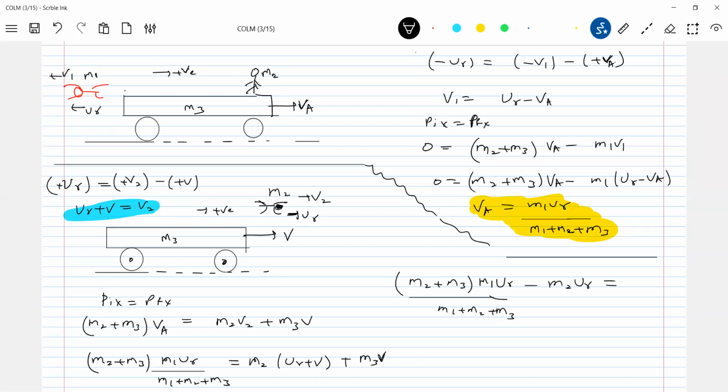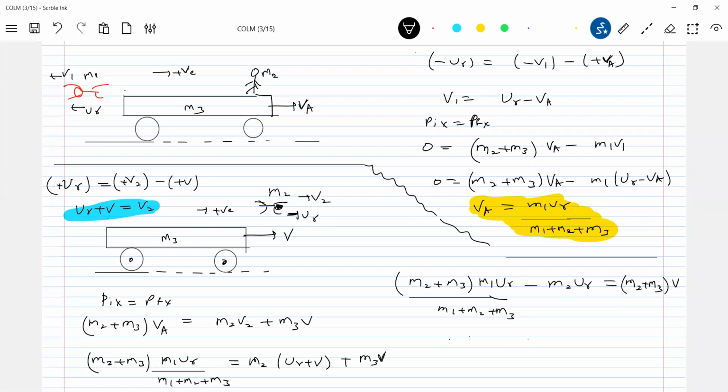So this will be equal to M2 plus M3 V. Expanding: M2 M1 UR plus M1 M3 UR.